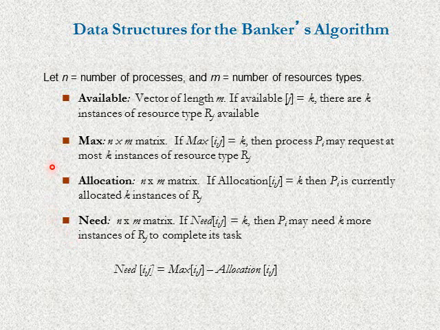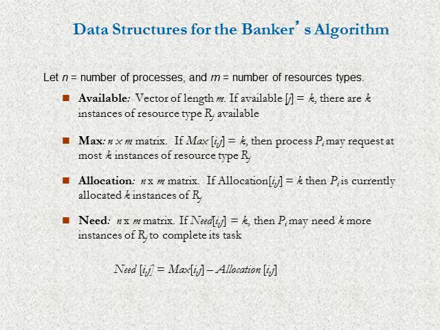So you can see that if we have the maximum requirement of a process and the number of allocated resources, we can compute the current need for each of these processes. For instance, if a process requires 10 instances of a resource type and 3 are already allocated, we know that the current need will be 7 instances of that resource type.